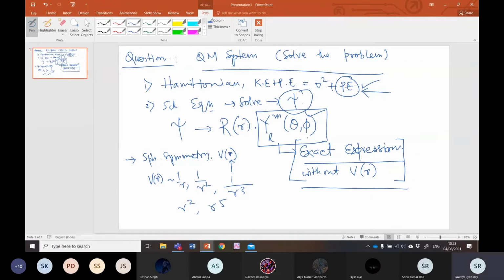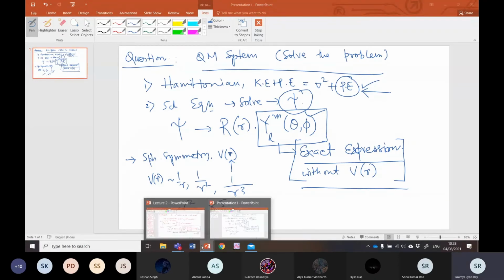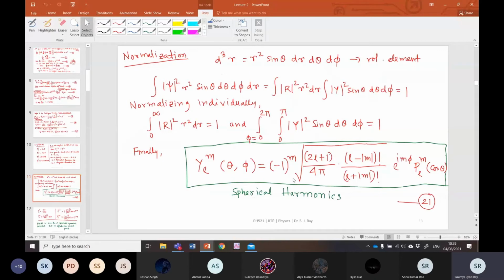It will be this wave function, as long as the potential is a function of r only. So you don't need to solve the problem. If somebody asks for the angular part of the solution for m equal to 0, l equal to 1, all you need to do is plug in those numbers and you get the values. Is it clear?